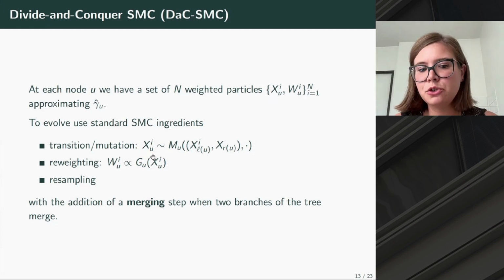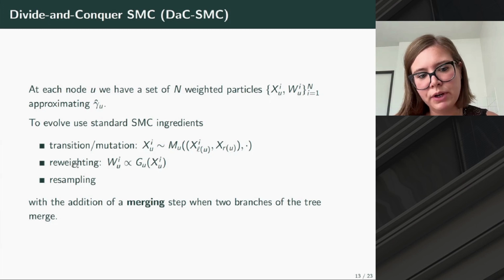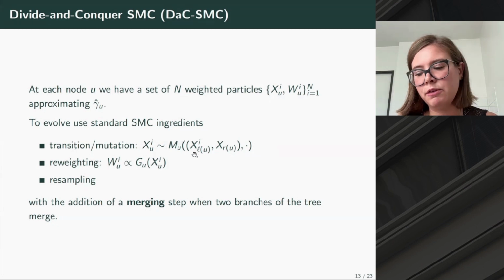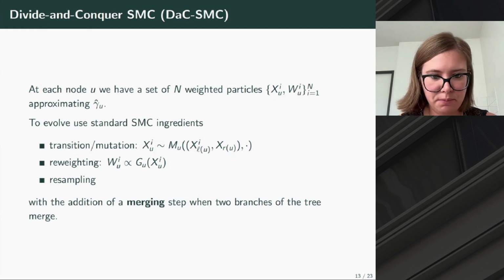And we still use the usual SMC ingredients. We will need a transition density, a reweighting step, and resampling. Reweighting and resampling are identical to those for standard SMC. The transition step, now, instead of moving from time n to time n+1, moves from the children of a given node to their parent.